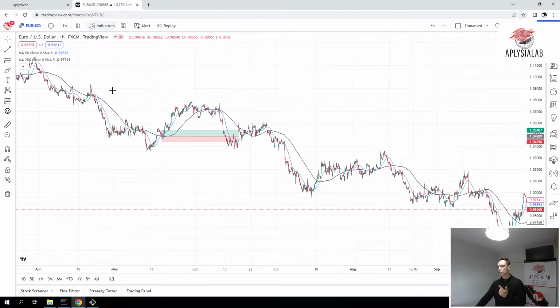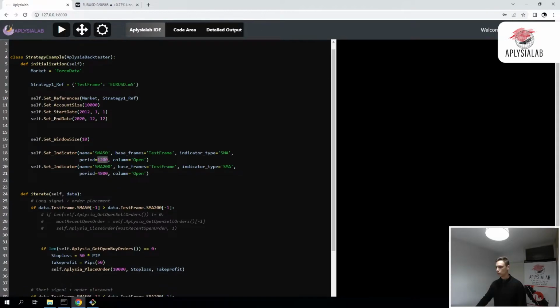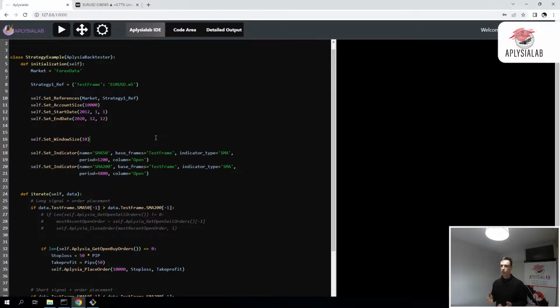By the way, this chart is a 1 hour chart, and for the backtest I'm going to use a 5-minute chart, and I'll multiply the figures by 12, so I'll get the 1 hour equivalent. So over here we're setting 1200 and 4800 SMAs, which is basically the equivalent of the 1 hour, but we're using the 5-minute chart.